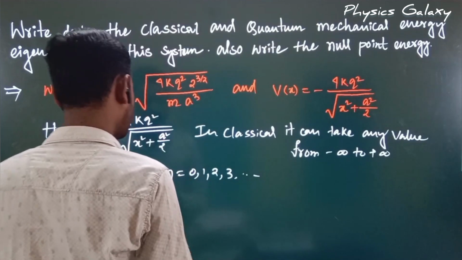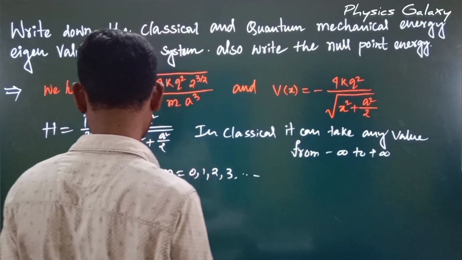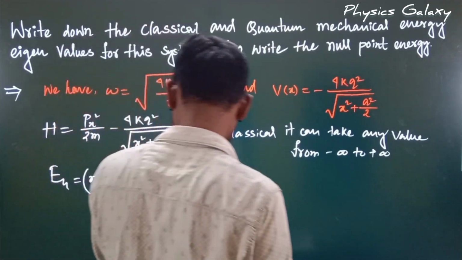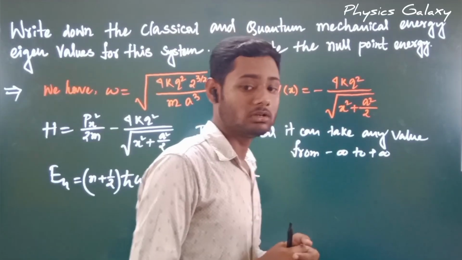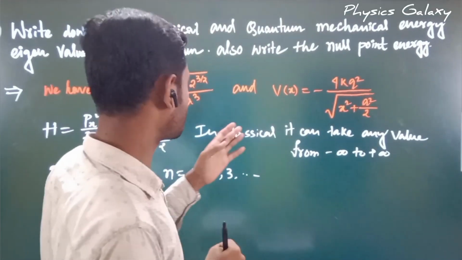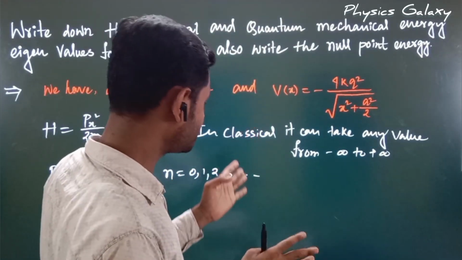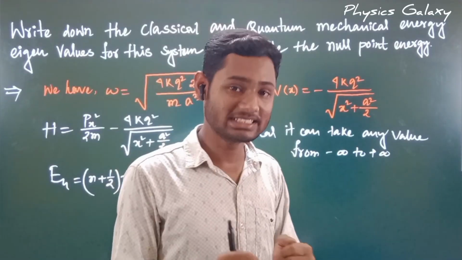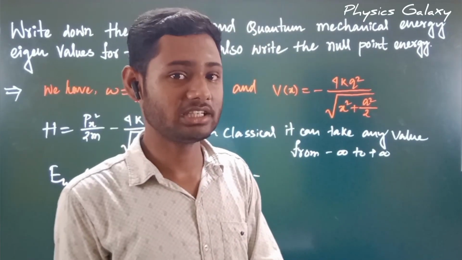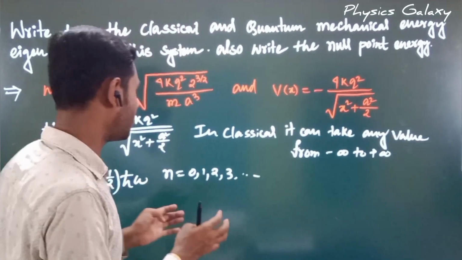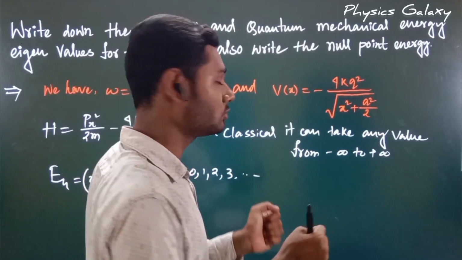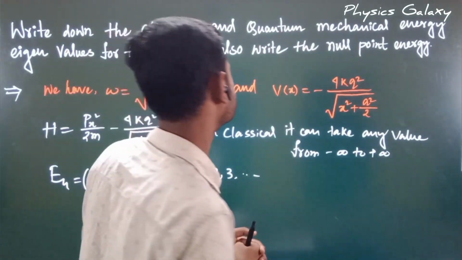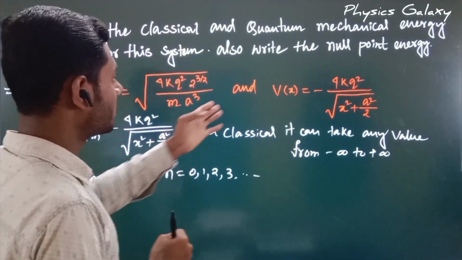Okay, so if we put the values of n, we get discrete values of energy. So if we consider this system as a quantum harmonic oscillator, we get discrete values of energy, and also we can write the null point energy.